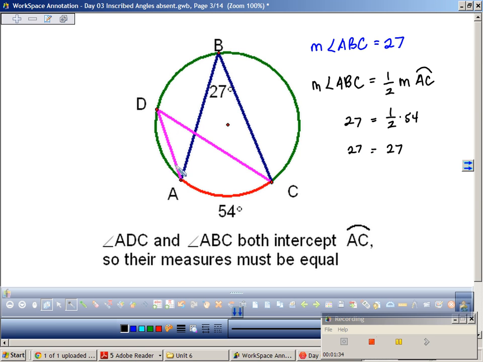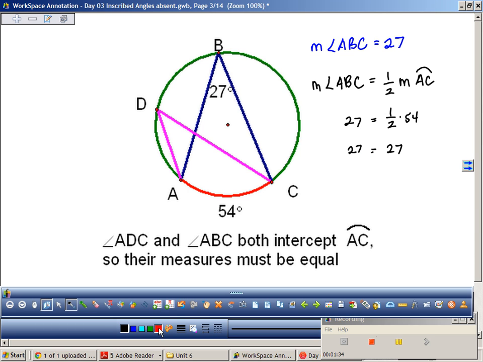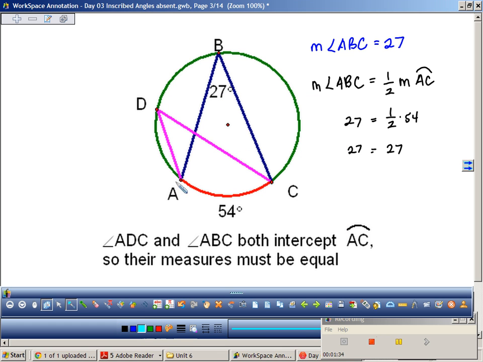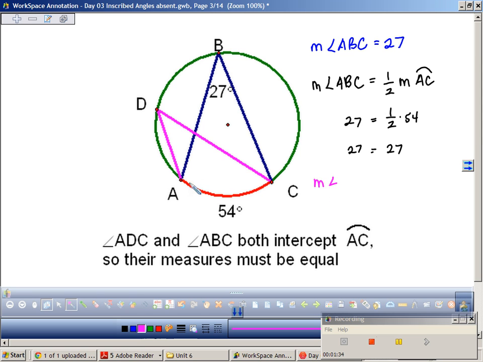But what's interesting here is there's another angle here. Let's change the color to pink. There's another angle here. The measure of angle ADC is also going to be half the measure of arc AC.